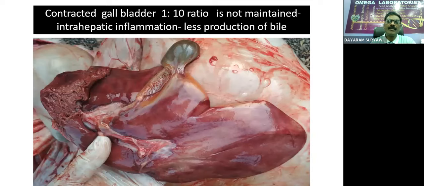Again, here you can see wrinkles on the surface of the gallbladder. Here you can see there is a contraction of the gallbladder. Less production of bile. Bile is less produced because of intrahepatic injury, intrahepatic inflammation.